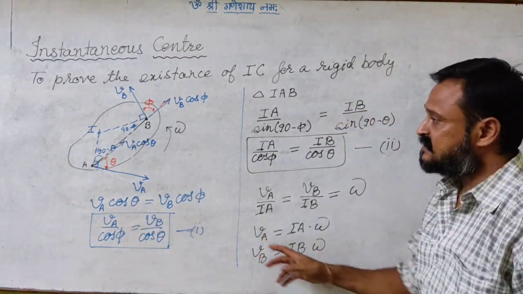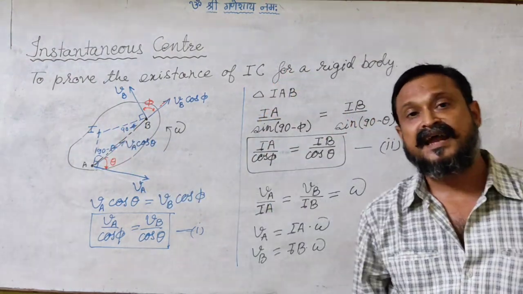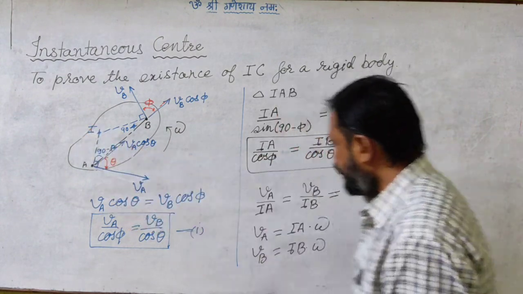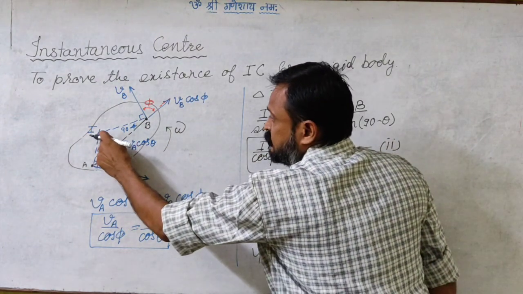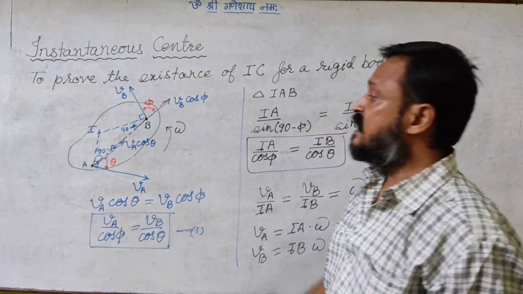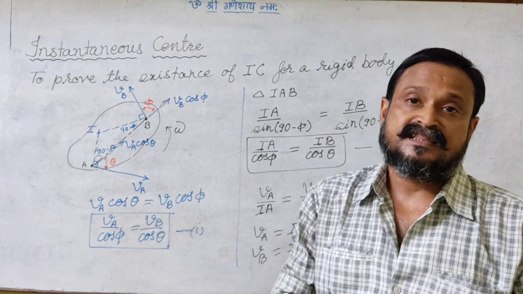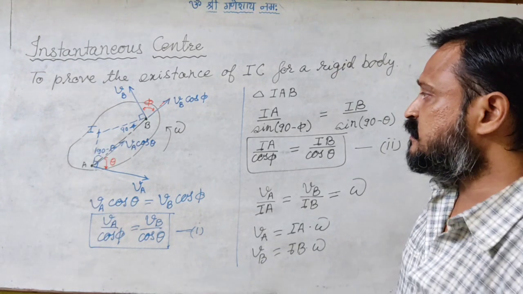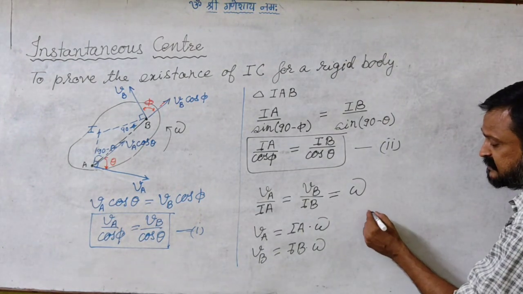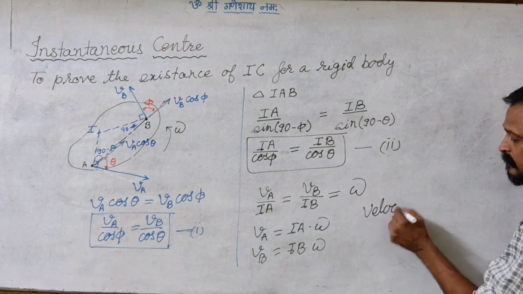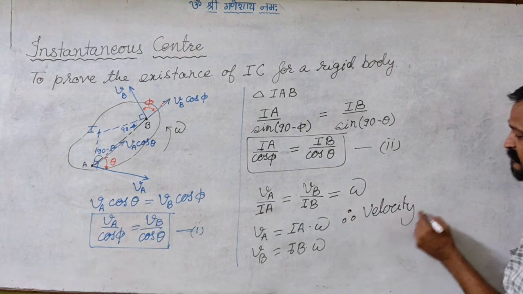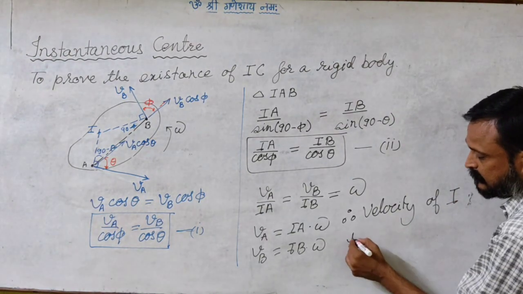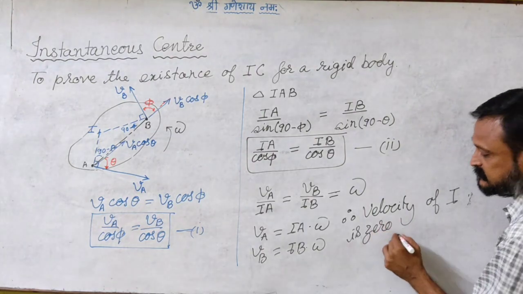That means IA and IB are acting as the radii of rotation for A and B correspondingly. So A and B both are rotating at this instant about I. This becomes the center of rotation, and therefore the velocity of the point I is 0.